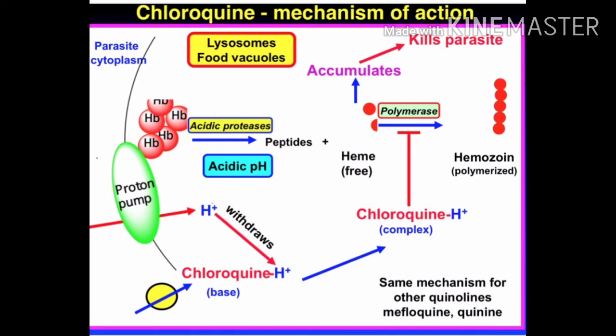For example, let's see about chloroquine. What do you understand by chloroquine? This drug was first synthesized in Germany, and it became the cornerstone of anti-malaria chemotherapy for the next 40 years.